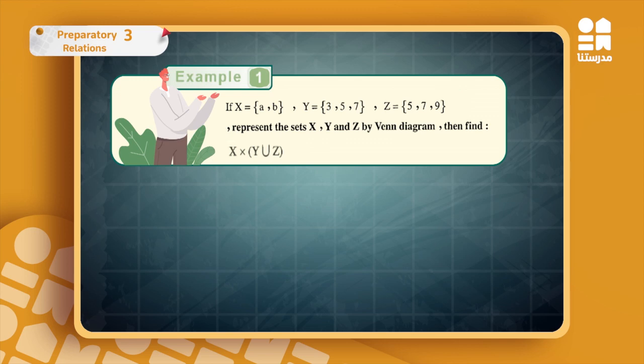احنا درسنا Venn diagram in grade 5 and also in prep 1.